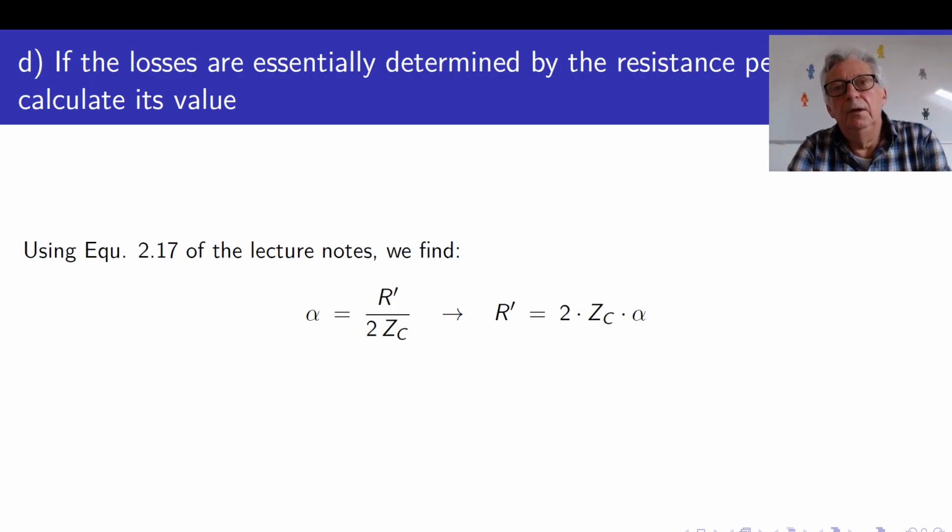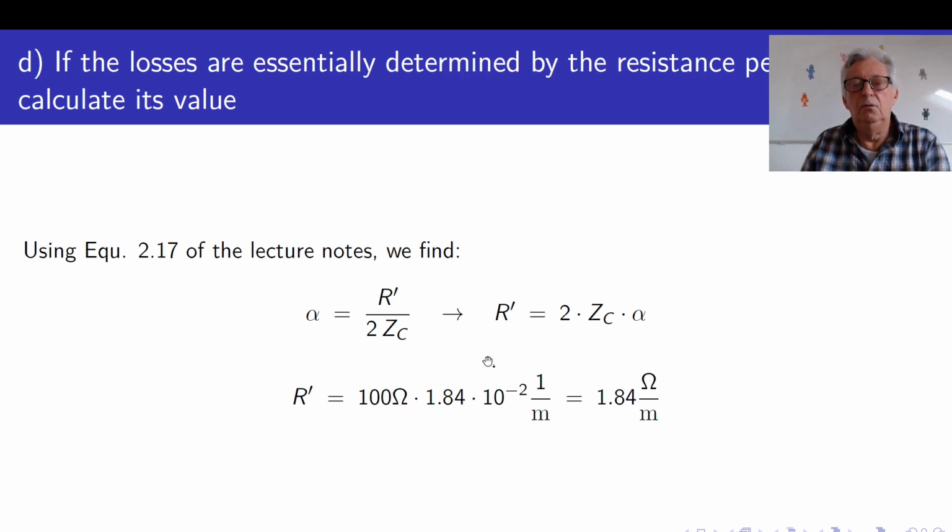And of course now we can think, where does the damping come from? In our case I want to assume that the damping is a result of the resistance per unit length, and we ignore the conductance per unit length in this example. So we can find for alpha, according to our lecture notes, R prime divided by 2 ZC, and this can be solved for R prime.